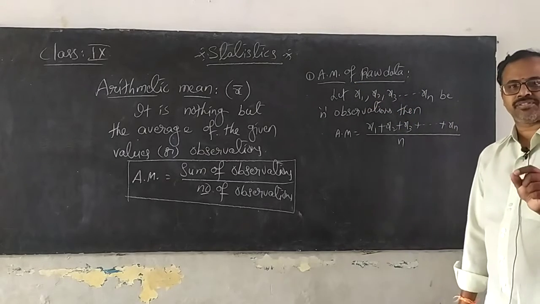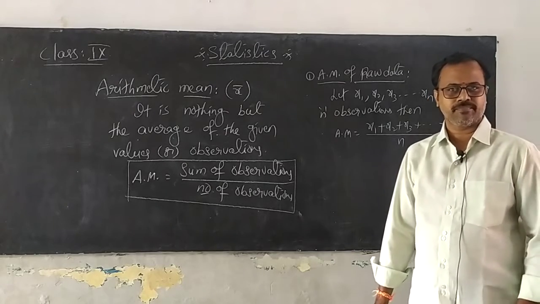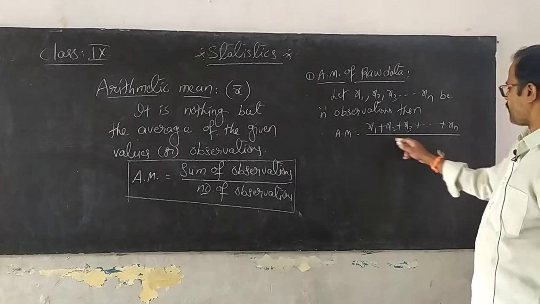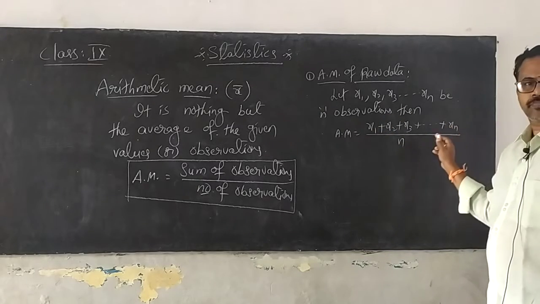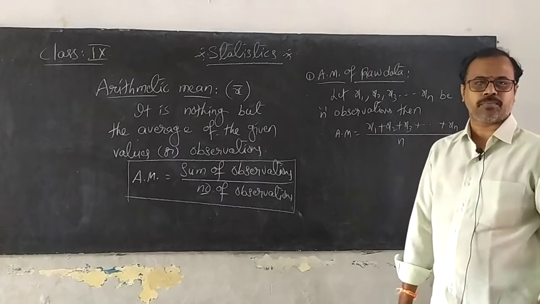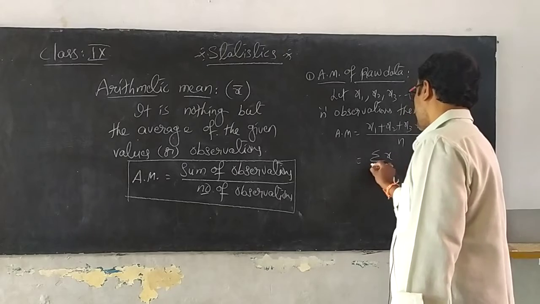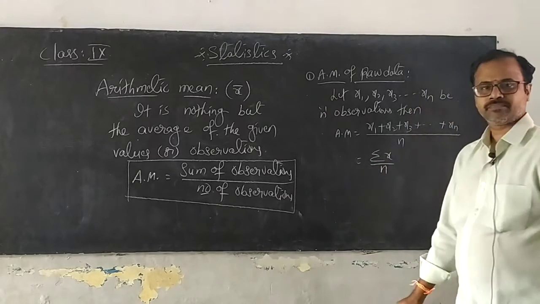So mathematicians are a little bit lazy fellows. Because why? I tell you clearly. Instead of writing the bigger values, they used a special symbol which shortens the total procedure. So you can write it as sigma x by n.